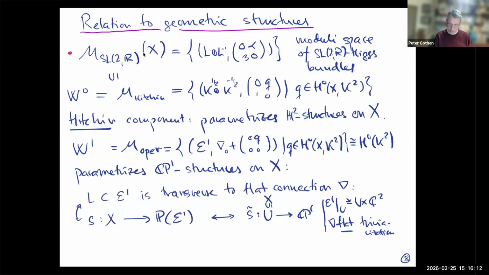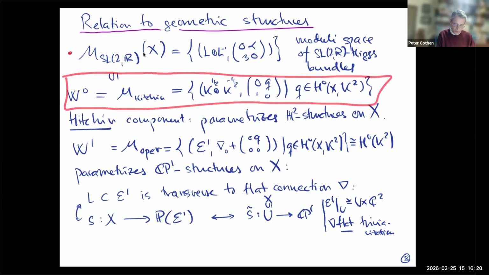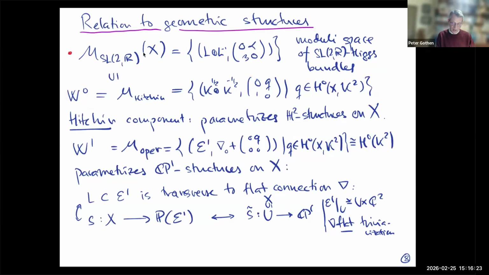Hitchin very famously in his original paper on Higgs bundles, he showed that these W0, these Higgs bundles that flow to this particular fixed point, they actually have a geometric interpretation because they parameterize all structures of a hyperbolic surface on X. Okay, so if you have Q equal to 0, in Hitchin's parameterization, you get exactly the uniformizing hyperbolic structure of the underlying Riemann surface, and then he shows how all the other quadratic differentials correspond to different hyperbolic metrics.